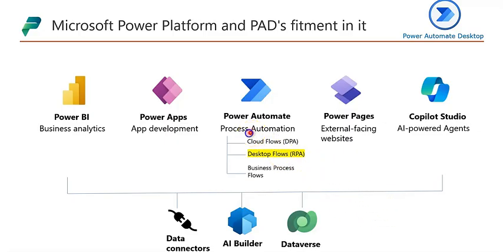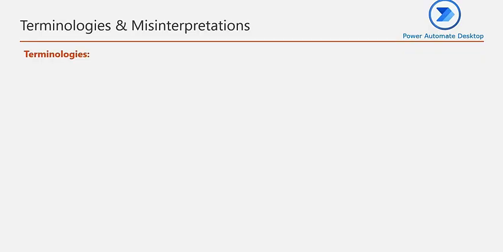In that case, you will use both of these. From a chatbot, you can even call an RPA desktop flow. From a chatbot, you can call a cloud flow, and then the cloud flow can call a desktop flow that way. Then from Power Apps, you can call a cloud flow, and then the cloud flow can call a desktop flow, which will require UI based interaction. So it depends on use case to use case. Does it clarify? Yes. Okay, good.